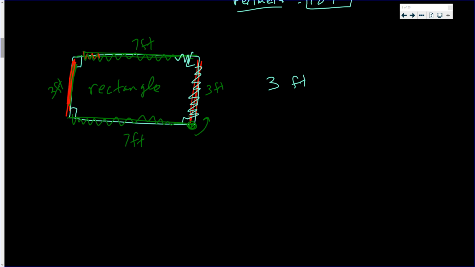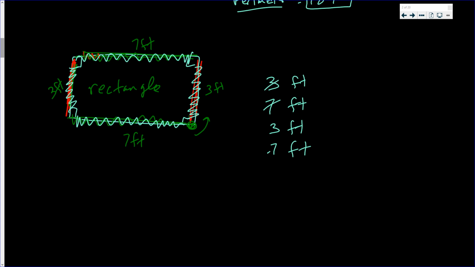Then we encounter 7 more feet. And then 3 feet. And finally 7 feet. Well, 10 and 10, that's 20 feet. That is the perimeter around this rectangular garden.